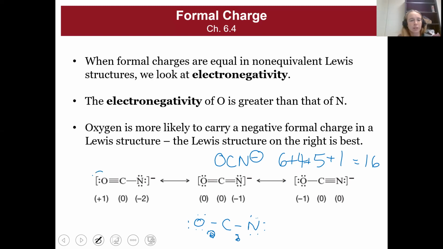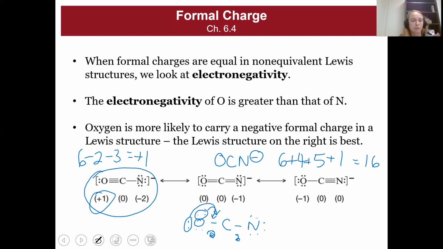One way to fix that is this version right here, where we take 2 of oxygen's lone pairs and put them in a triple bond between oxygen and carbon. If we do that, then oxygen has a formal charge of 6 minus 2 minus 3 bonds equals +1.